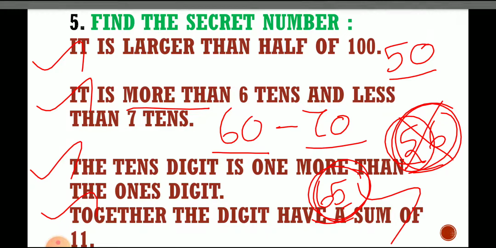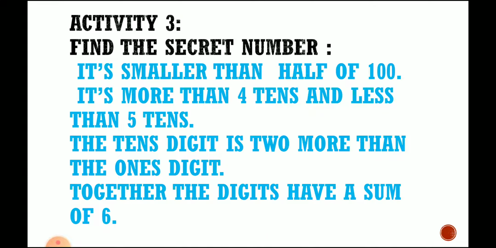Okay, so now I give the third activity, using these kinds of number patterns to find the secret number. Here I again gave 4 clues. It is smaller than half of 100, so smaller means below 50.